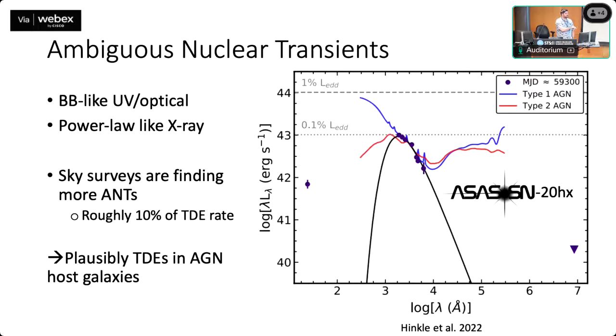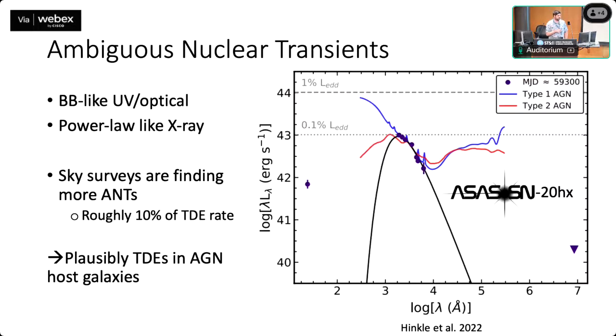And the key point here is that, I think oftentimes people that are looking for TDEs try to throw away AGNs because they're noise, they're contaminants, but we should expect to see TDEs in AGNs, and actually, in theory, some AGN disks might even increase the TDE rate in AGNs, but I think we're already seeing them.